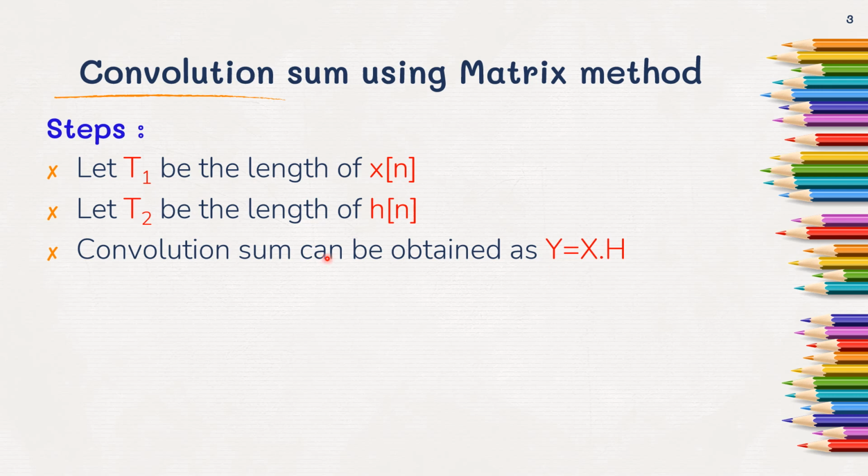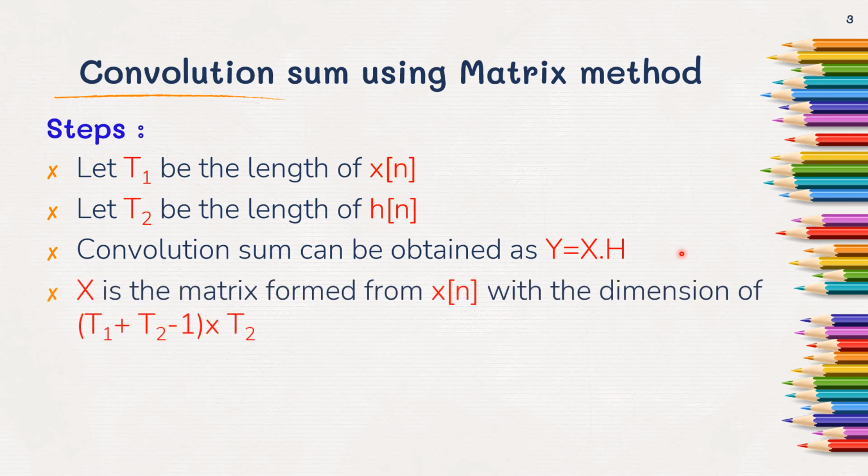Convolution sum is obtained as y is equal to x multiplied into h. Now we are going to obtain two matrices, x matrix and h matrix. How is the x matrix formed? X is the matrix formed from x of n with the dimension of t1 plus t2 minus 1 cross t2.